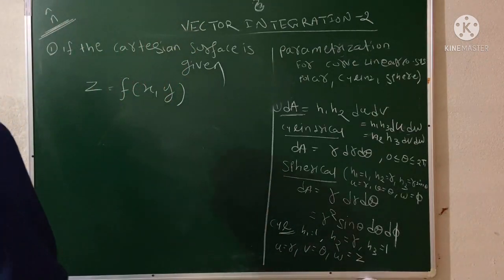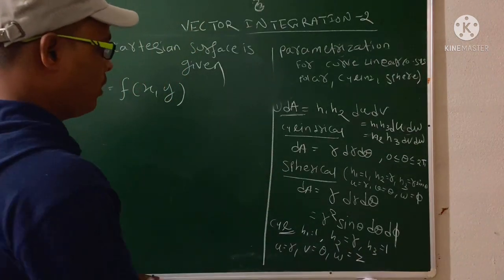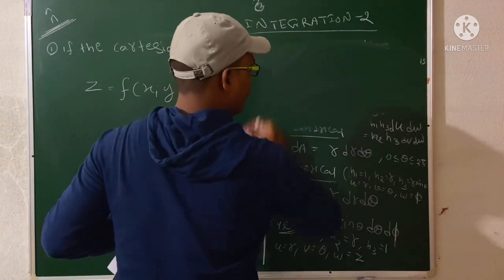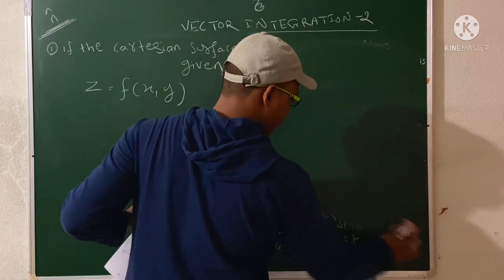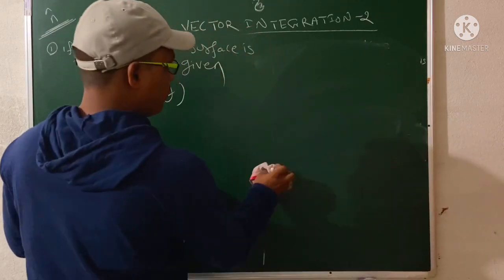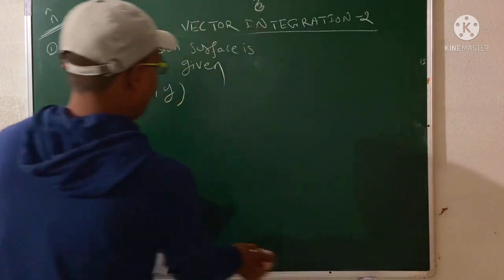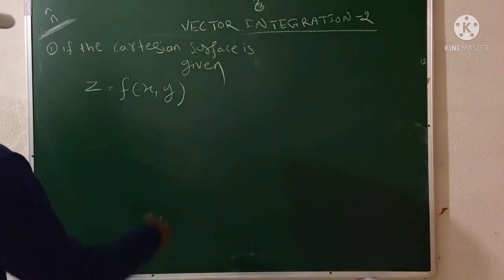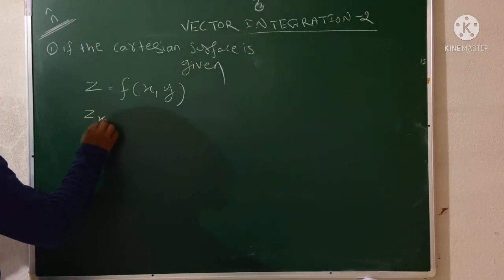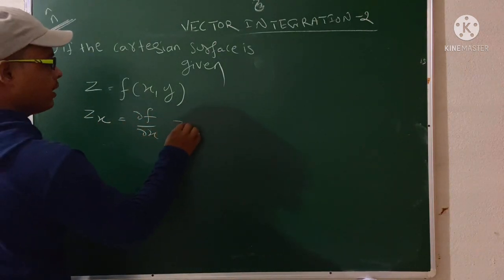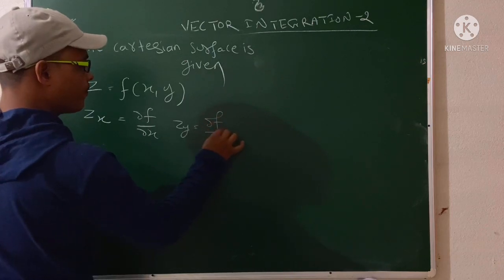So if the surface is given in the Cartesian coordinate system, then what will be the answer for n cap? For n cap, we need the partial derivative, that is the z_x, that means del f by del x, then the z_y, that is del f by del y.